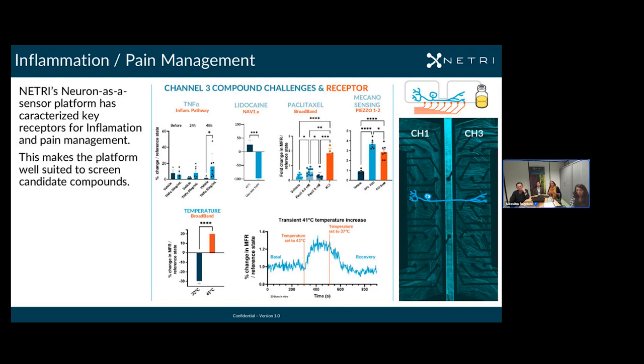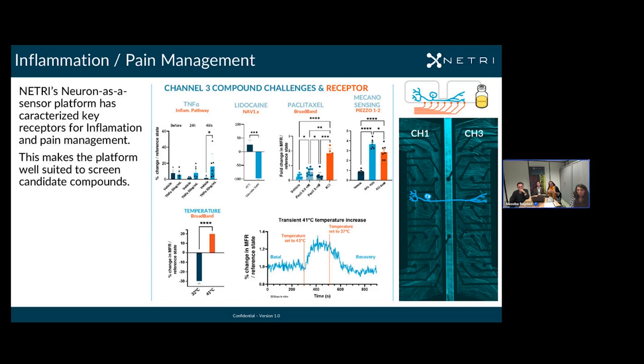In order to define an assay window and make sure that the platform can be used to test analgesics, we tested lidocaine, showing that we do have voltage-dependent sodium channels that can be blocked by lidocaine.